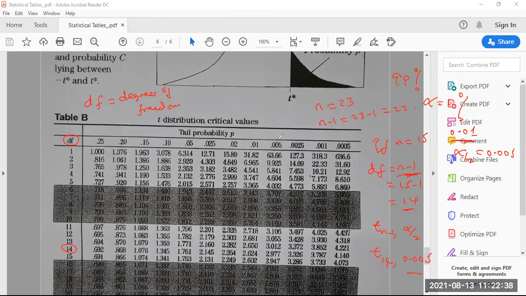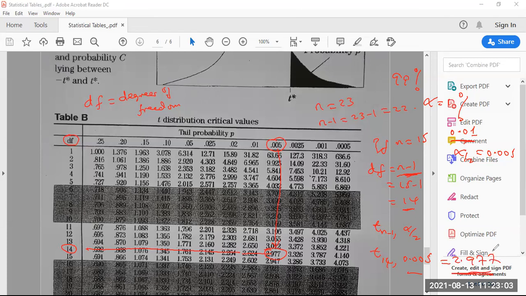Then at 0.005 level of significance, that value is going to be here. You see, that's going to be 2.977.